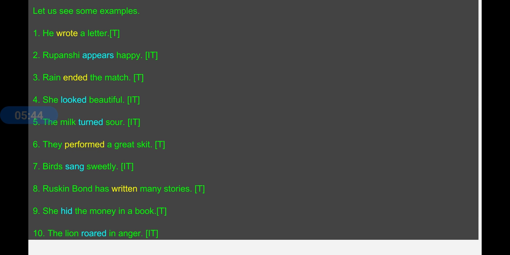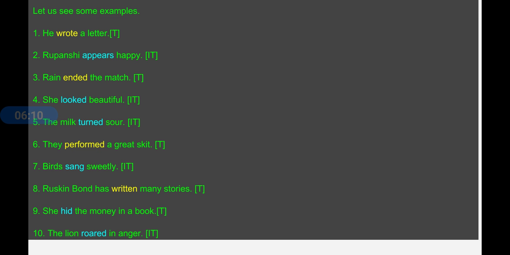Rupanshi appears happy. What is the verb here? Appears. And what is the subject? Rupanshi. So here there is no object. There is no meaning in asking what here. So the verb is intransitive.